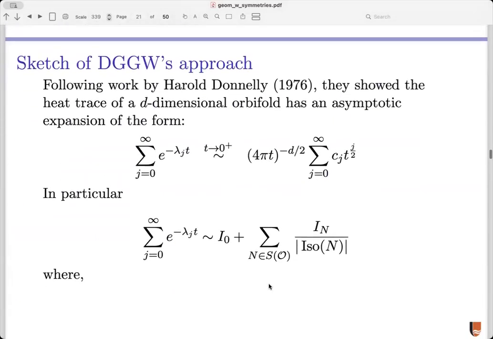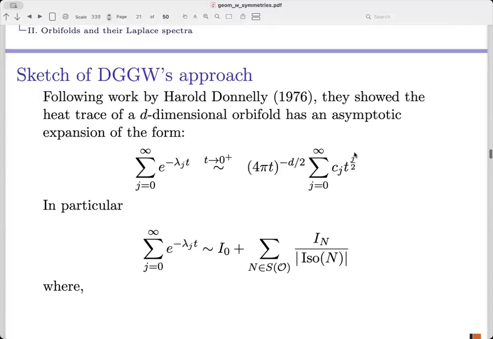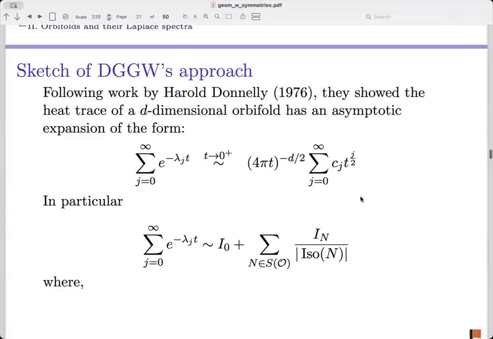So how were the results above shown? The first step of the work was to follow work by Donnelly to show that a d-dimensional orbifold has, again, heat trace as before, and its asymptotic expansion looks like this right here. So an interesting feature is here we have a j/2 appearing in the exponent, but it's very similar to the heat trace for a manifold.